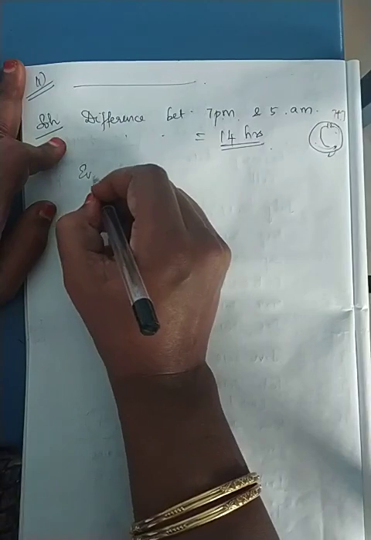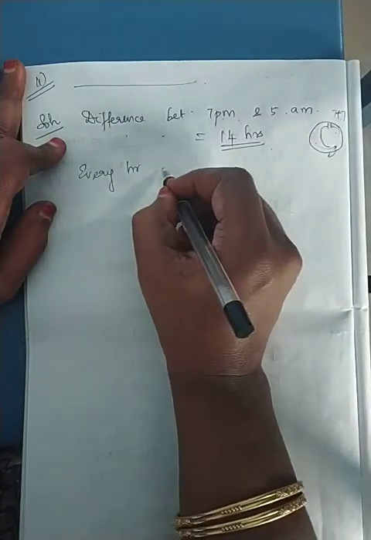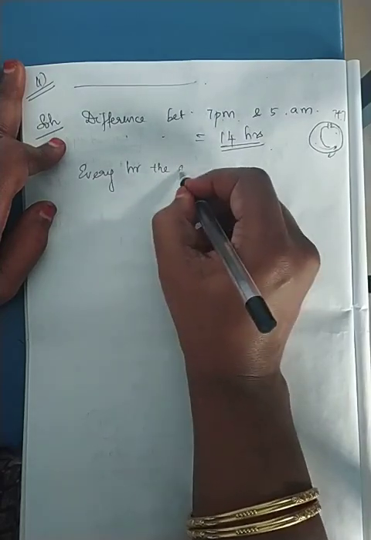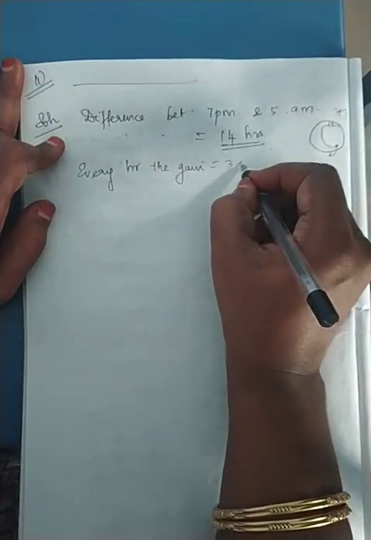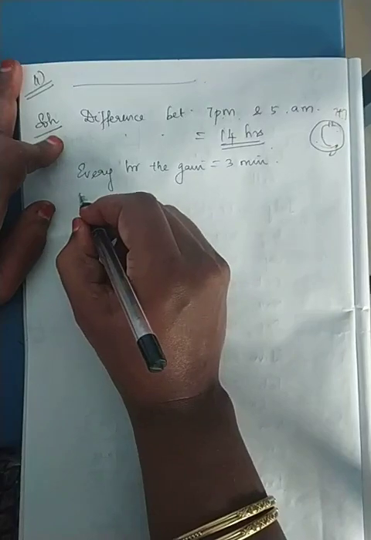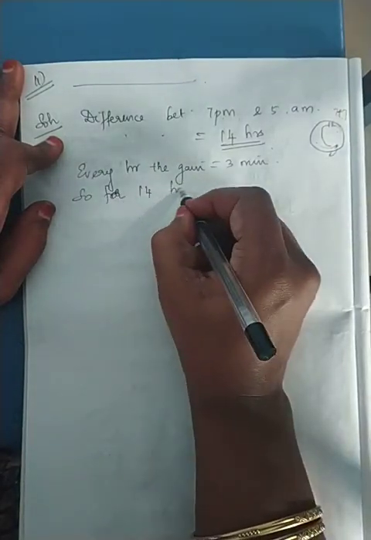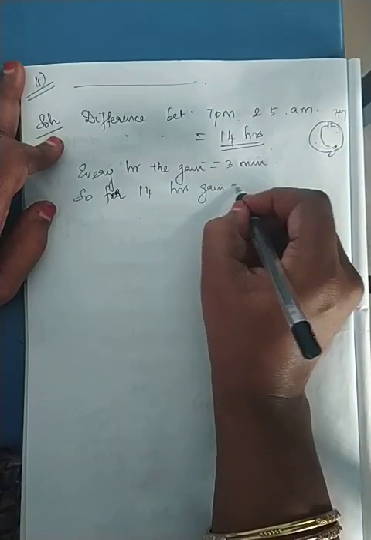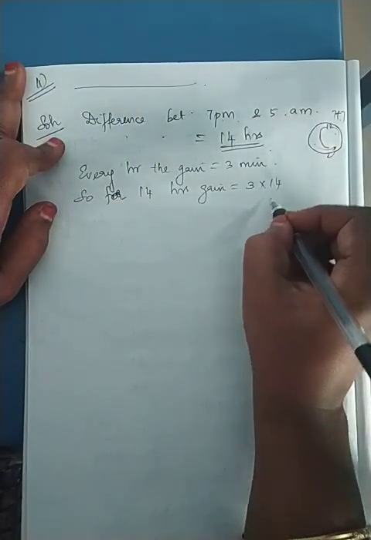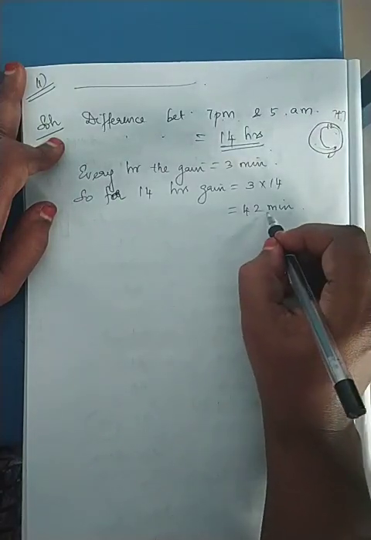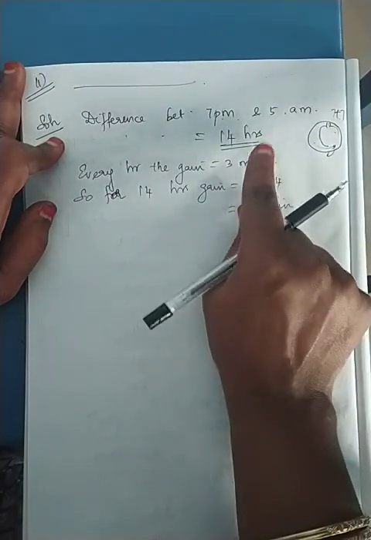Every hour it is increasing. The gain every hour is equal to 3 minutes. So for 14 hours the gain will be equal to 3 into 14, which is equal to 42 minutes. 42 minutes I have to add with 7.